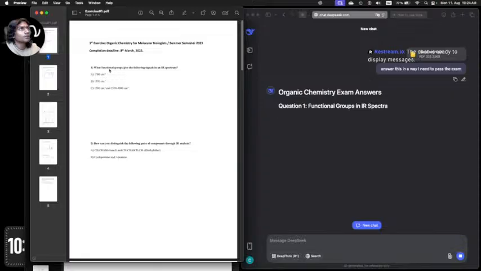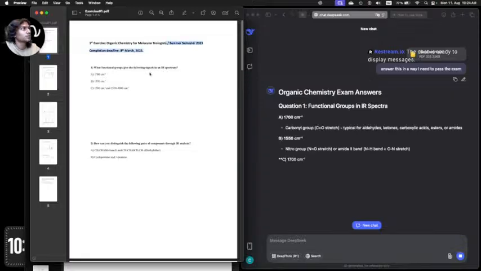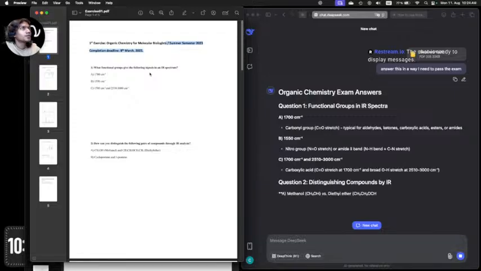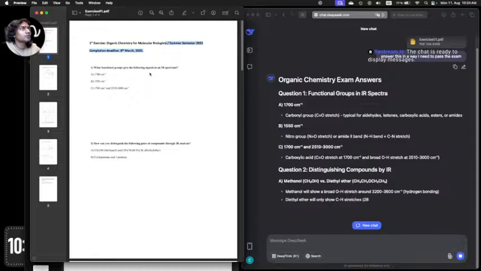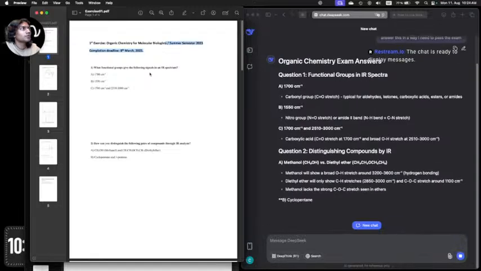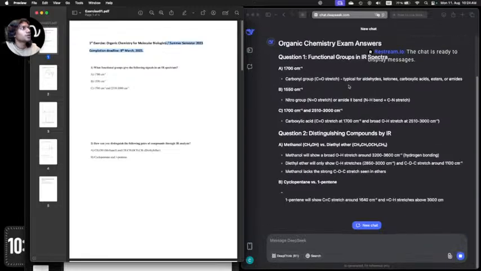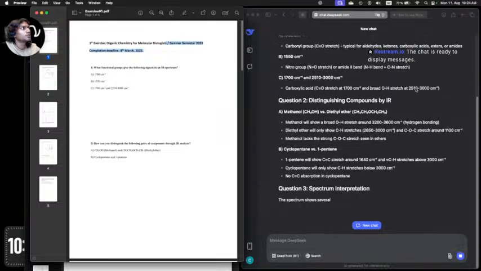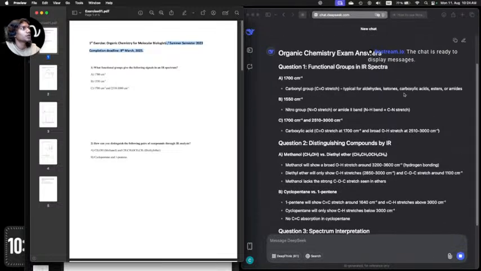Completion deadline. What functional group gives the following signals in the IR spectrum? Carbonyl group, typically for aldehydes, ketones, carboxylic acid esters, or amides.